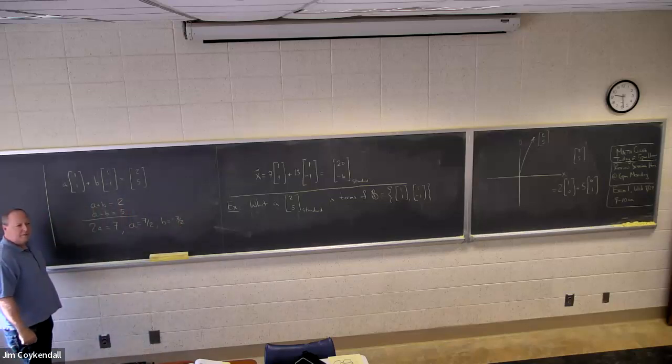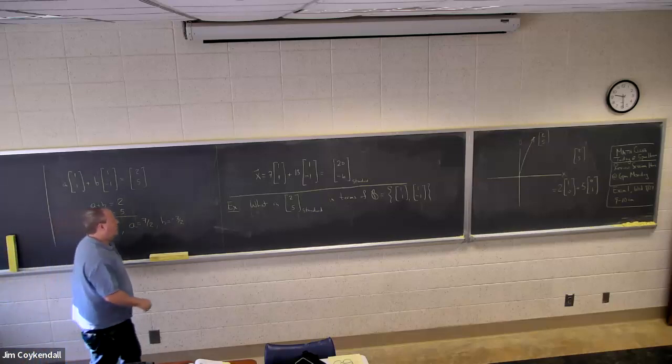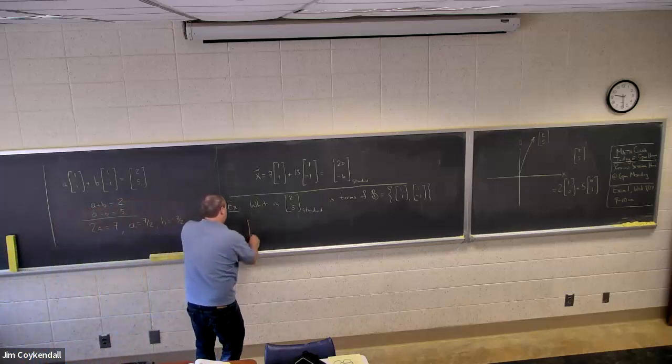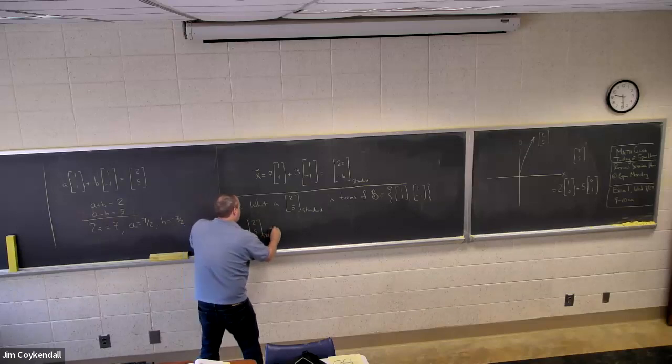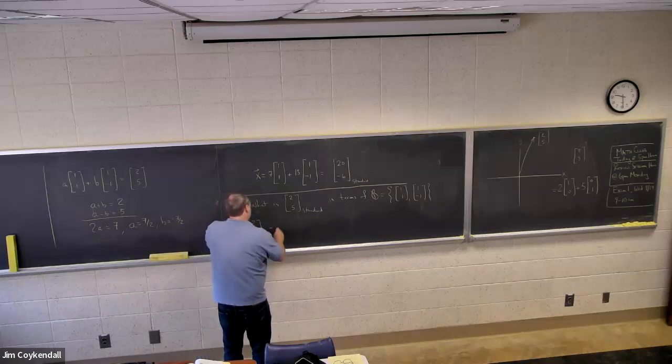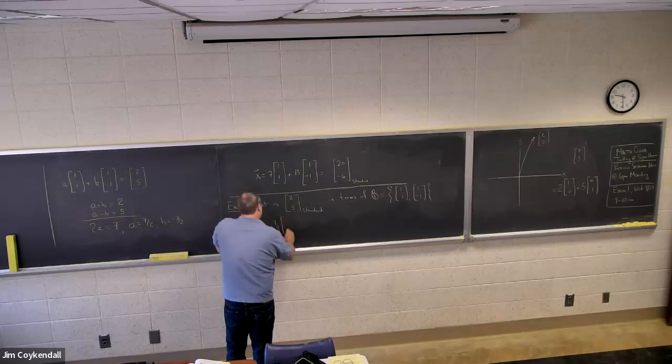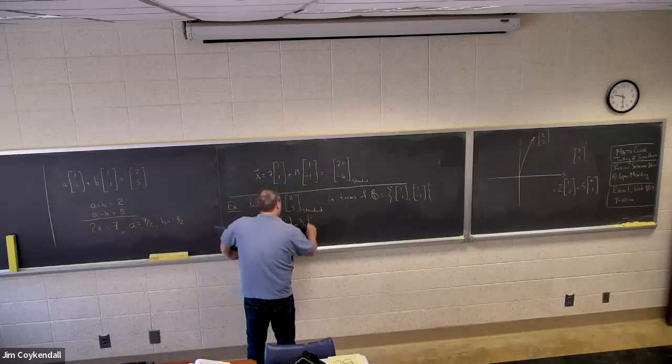Yeah, that's what it is. So you can write (2, 5) standard as 7 halves times the basis of this, minus 3 halves.